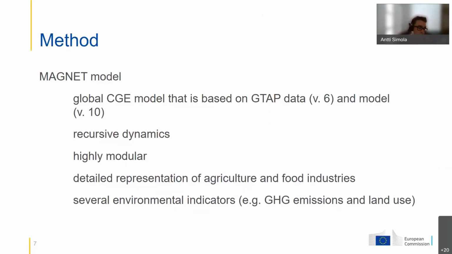It has recursive dynamics in it, and it has a modular structure which allows the model to be used flexibly in different questions. It is a very widely used model in several studies dealing with agriculture and food policies by several institutions.